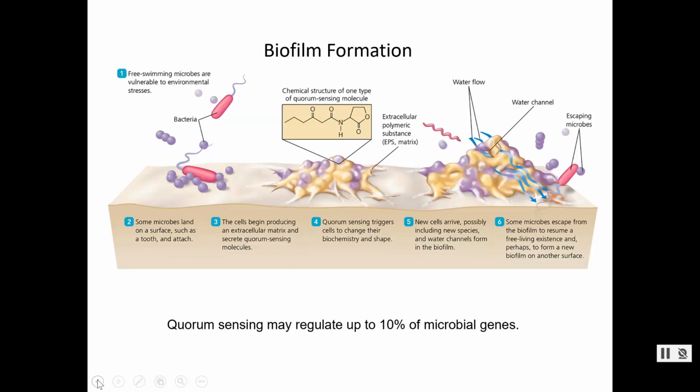So that changes their shape, their biochemistry, and you can see that in the second version here of all these different types. These bacteria look different than when they were living as individuals. And then they can do those benefits that we talked about, sharing water, sharing nutrients, all of that kind of stuff. Now, some molecules can leave the biofilm and they'll go colonize another place, and so that happens too. Okay, so that's biofilm formation.